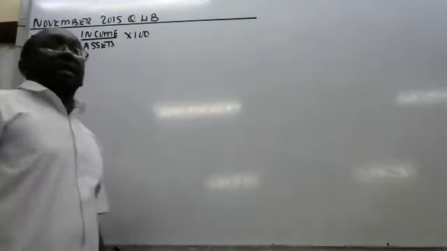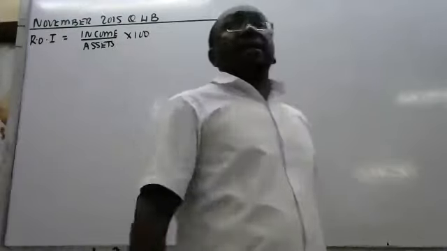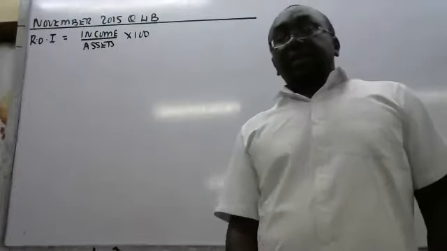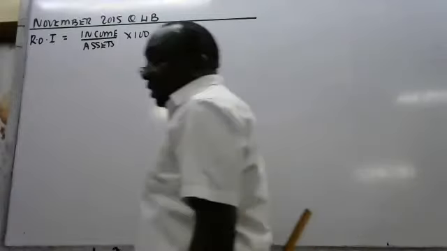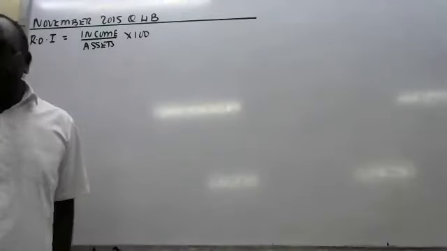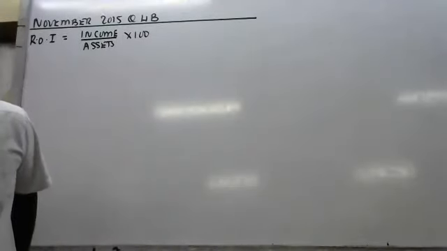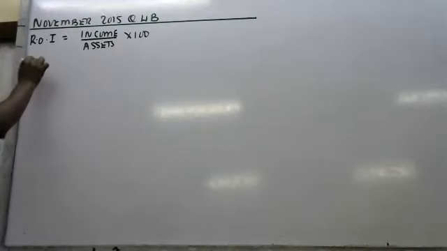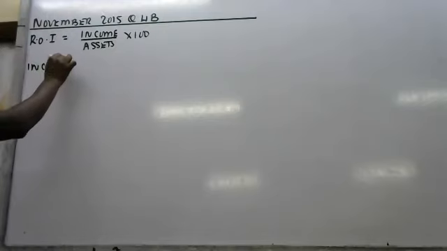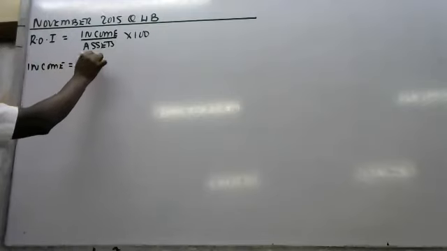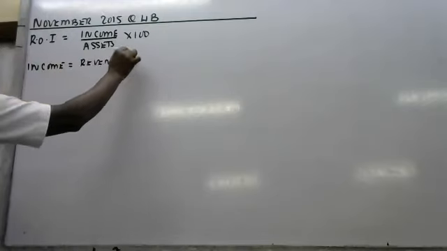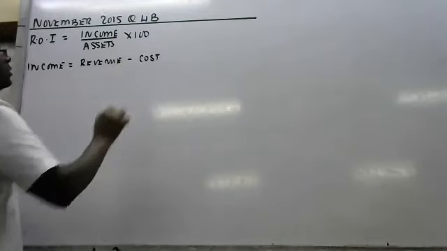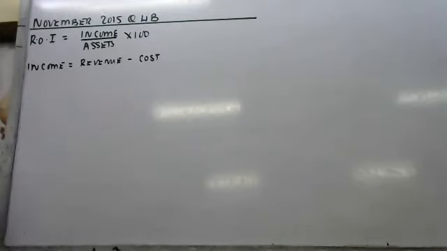That's the formula of getting return on investment. So how do we get income? Income, we know again, is revenue minus costs. That's like we have done with the other one.